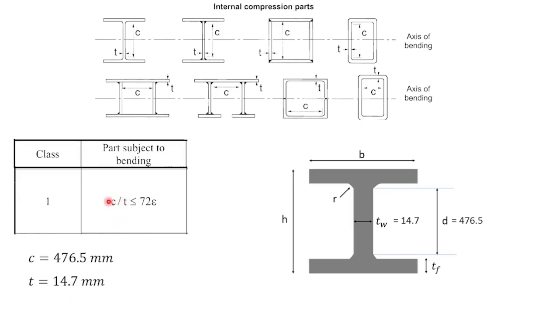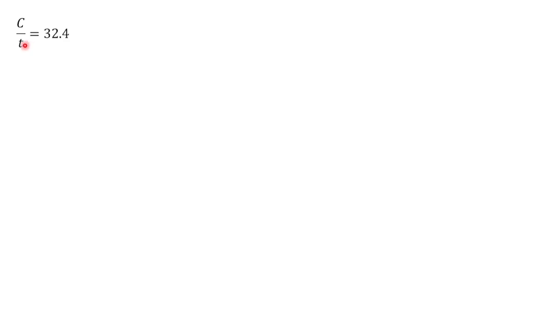Now I know these two parameters. Then I can find the c over t ratio. The c over t ratio is equal to 476.5 over 14.7. When I simplify it using a calculator, I find 32.4. This is the c over t ratio. Next we have to find the 72 epsilon value. So I will write the c over t ratio here.